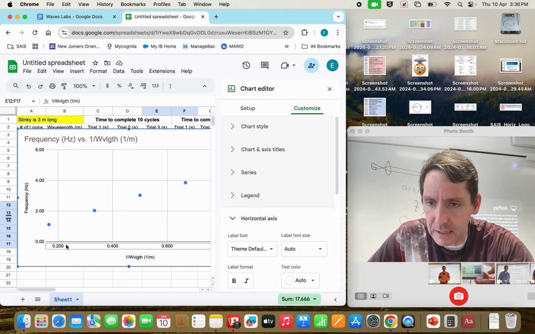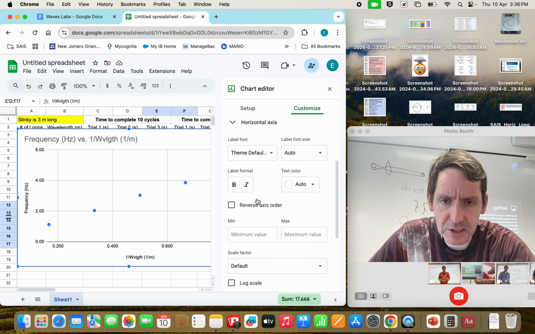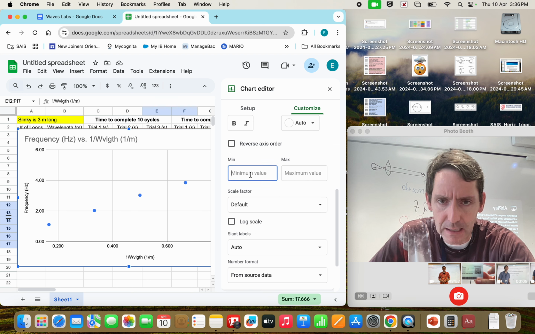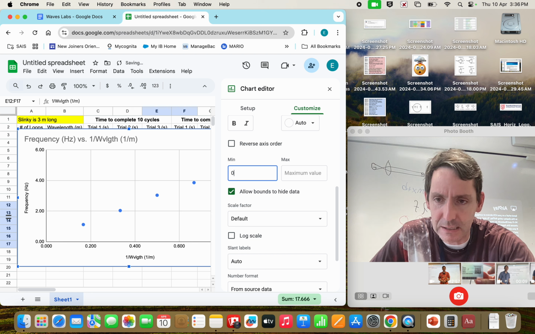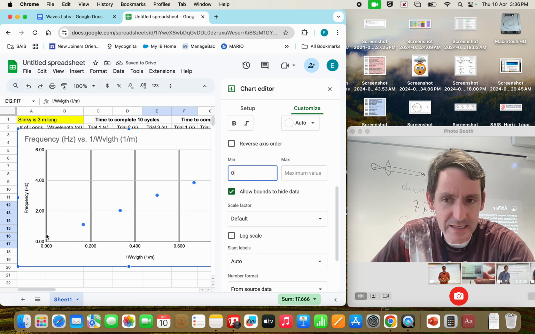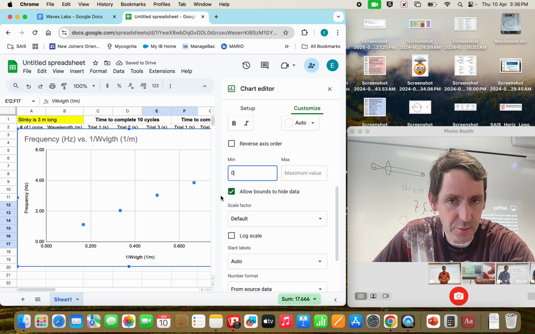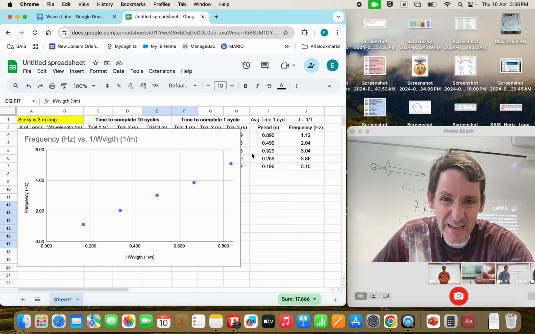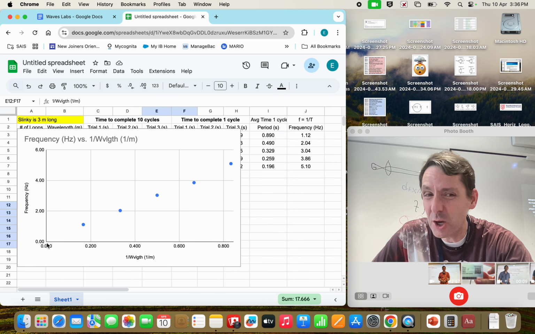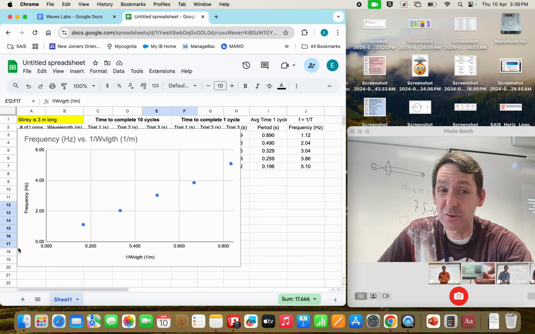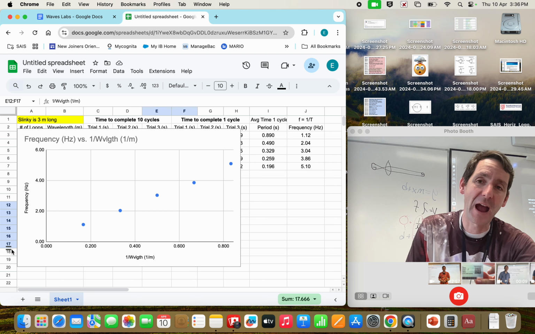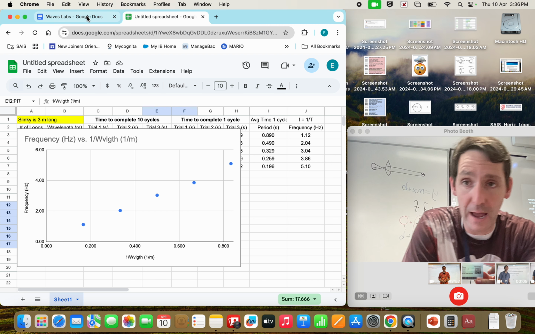But if I come in here, I can change my horizontal axis and make my minimum value show up as 0. And what you'll see is that if I include the 0, 0 point here, it's a pretty straight line and it almost goes through 0, 0. I could probably draw a line that gets close to all of those points and goes through 0, 0, right? In fact, that's how I'm going to finish off the lab.